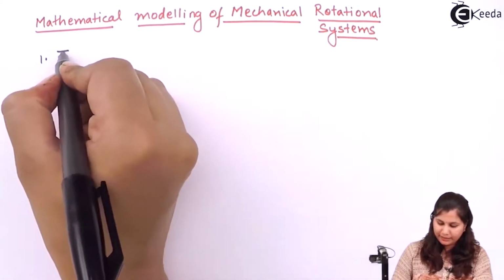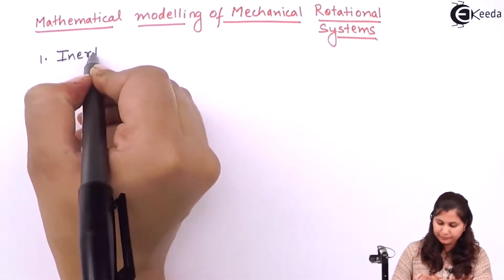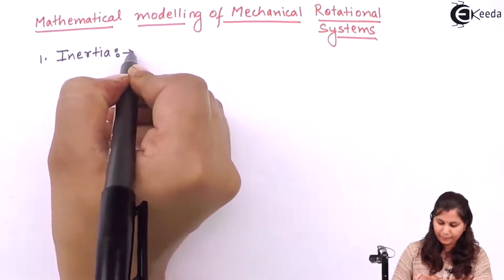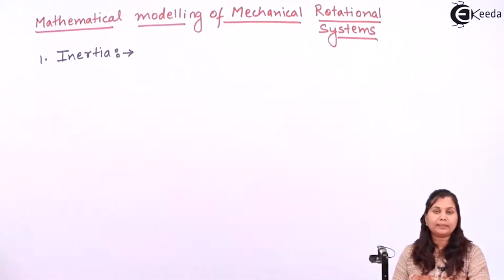First basic element is inertia. So let's derive the mathematical model for the element inertia.